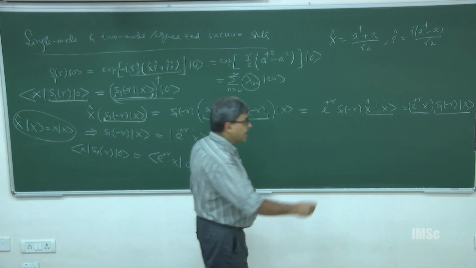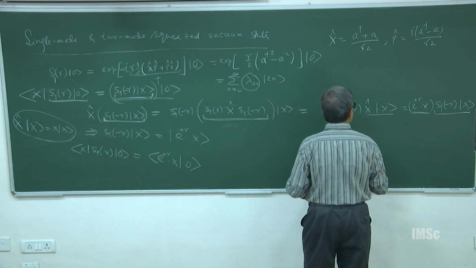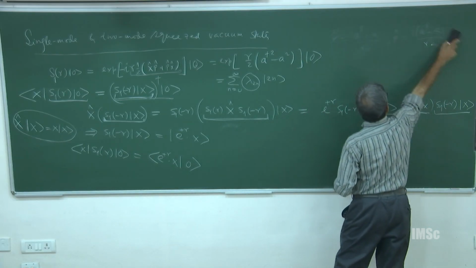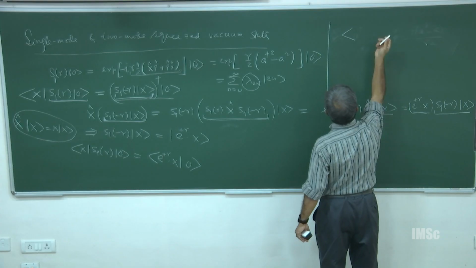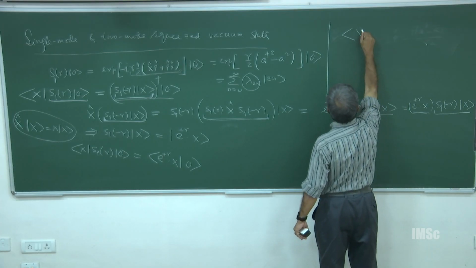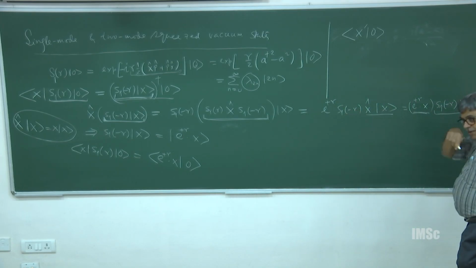Now you look at, let me erase this part. Now you look at the position representation, let's say x prime of the vacuum state. What is this? We know it will be Gaussian, and one can figure out.